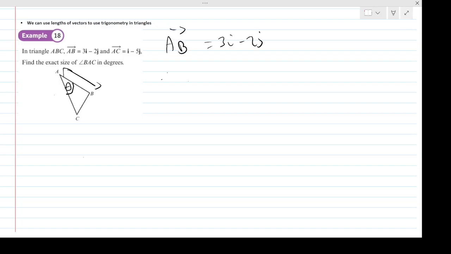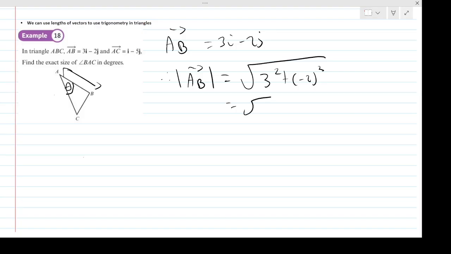So the magnitude or the length of A to B is going to be the root of the i and the j parts squared. So 3 squared add minus 2 squared. That would be root 13. I can add that onto my diagram.